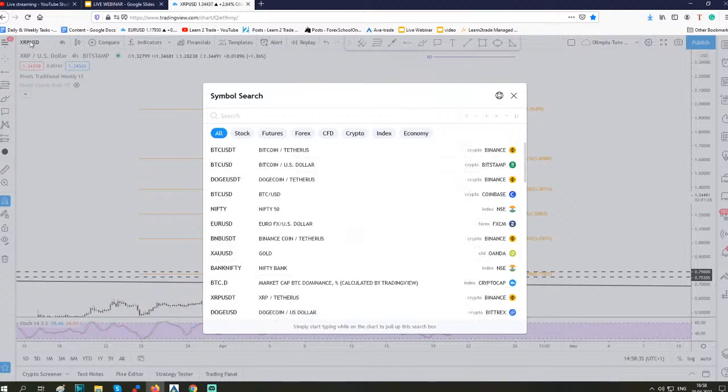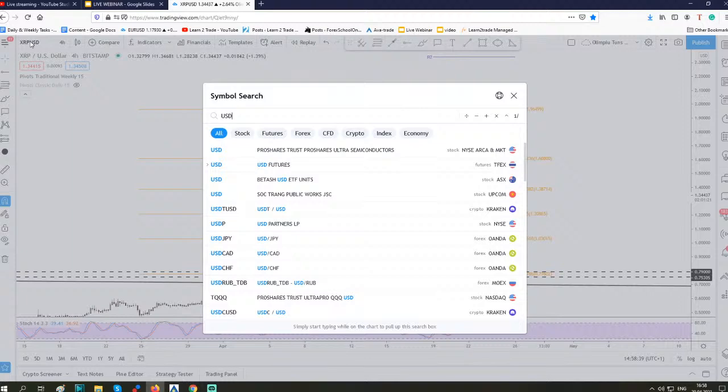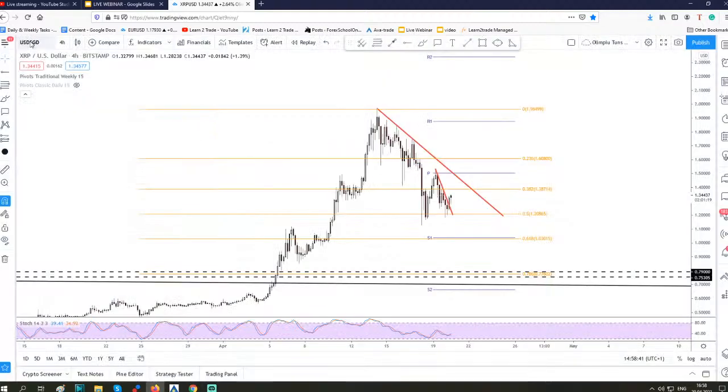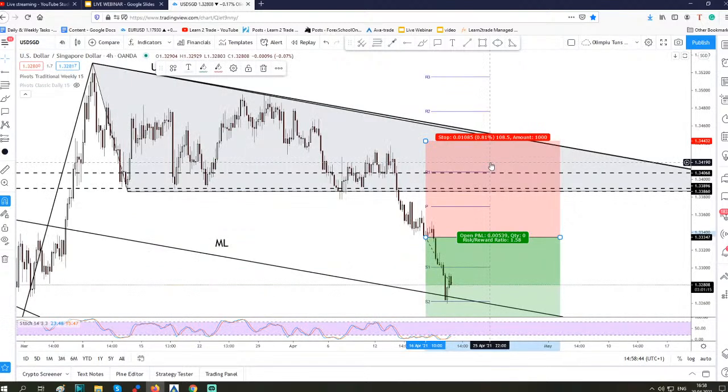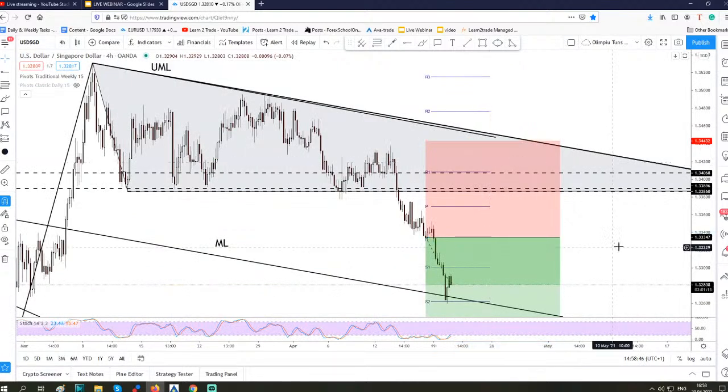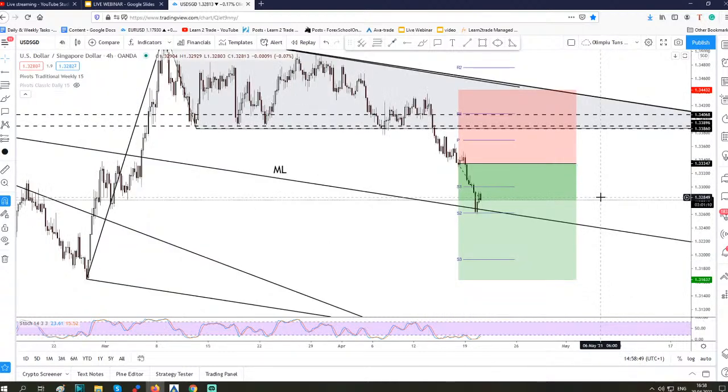Okay, and let's take a look at the US dollar versus this one here. So personally I've had here a selling position.